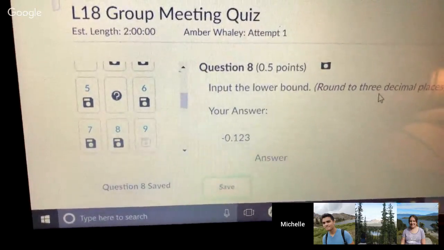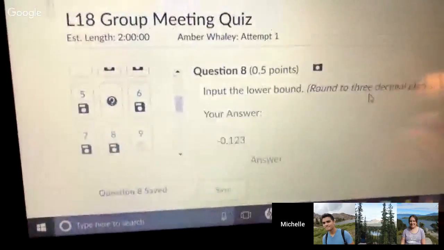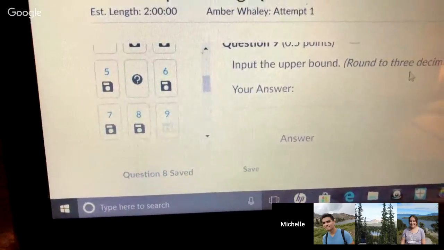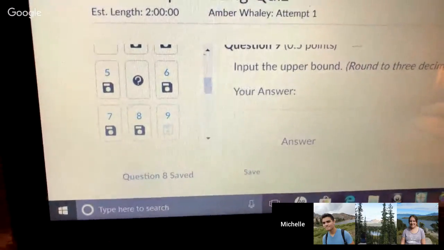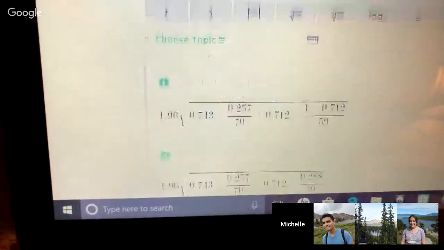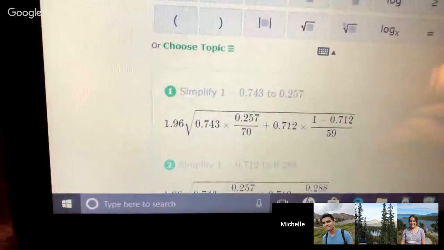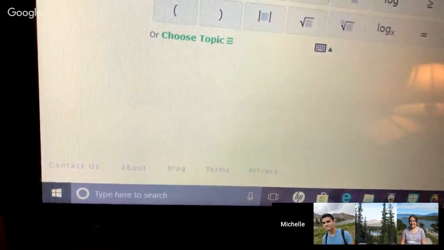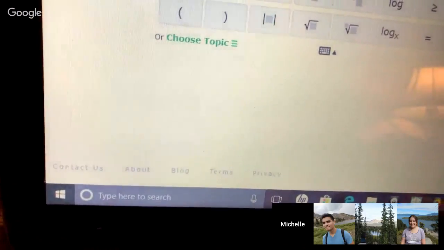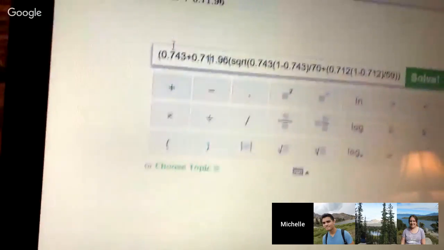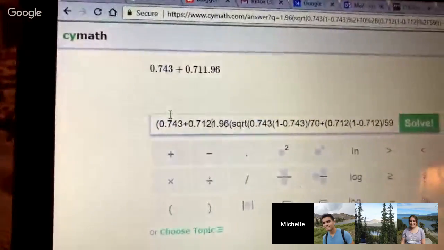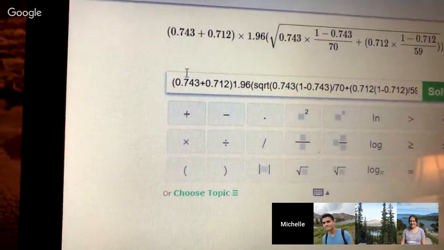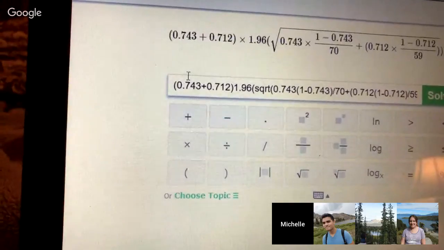Okay, so our lower bound, that other one, was negative 0.123. So then for the upper bound, I'm going to add that back. 0.743 plus 0.712, parentheses.